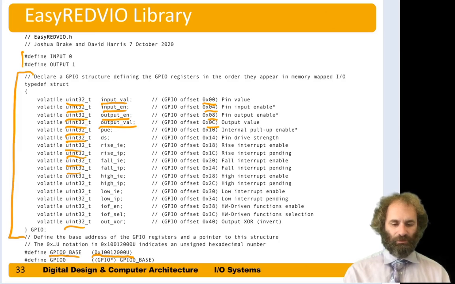Finally, we'll declare GPIO 0 to be a pointer to a GPIO structure at that base address. So now we have a pointer to a structure where the elements of that structure correspond to memory locations where hardware happens.